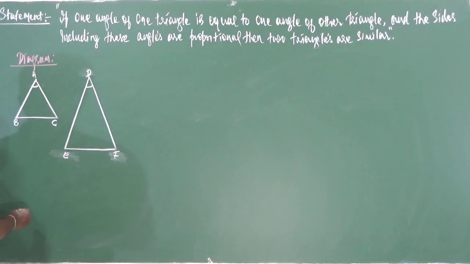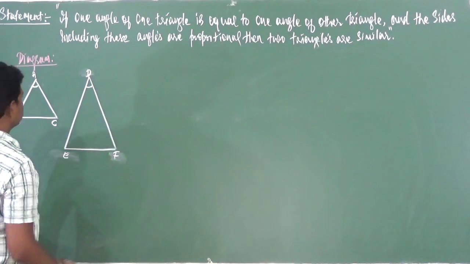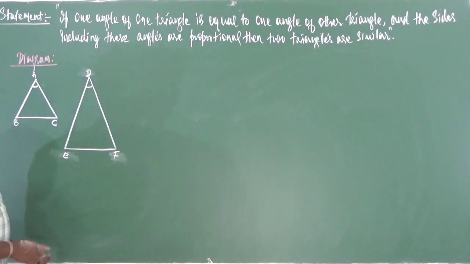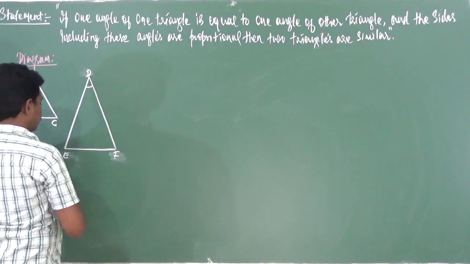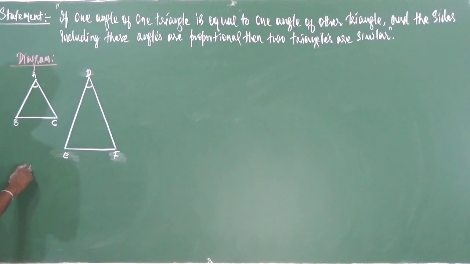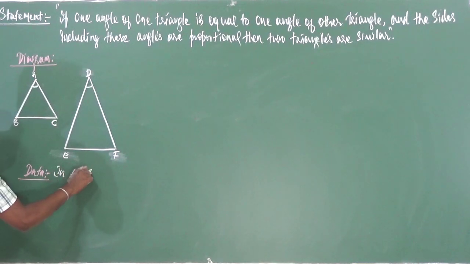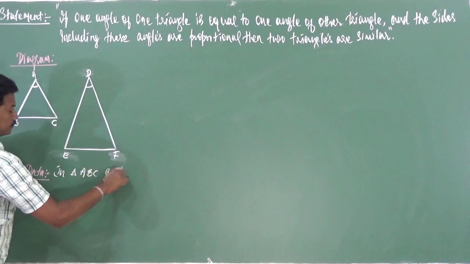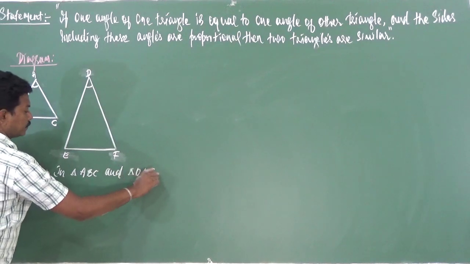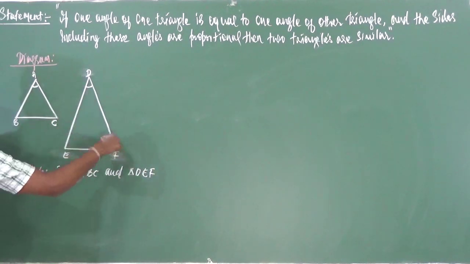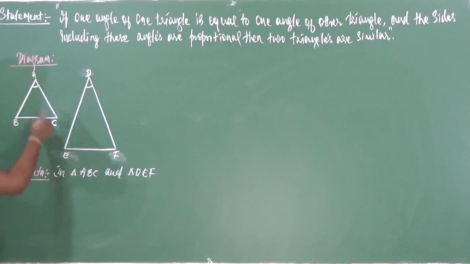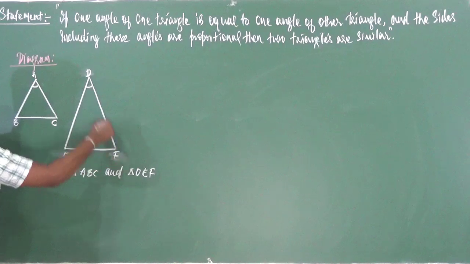Okay, let us write the description of the diagram, that is, the data of the theorem. So in triangle ABC and triangle DEF, the order is very important. If you take the name of the triangle as ABC, you have to take it in the same order.